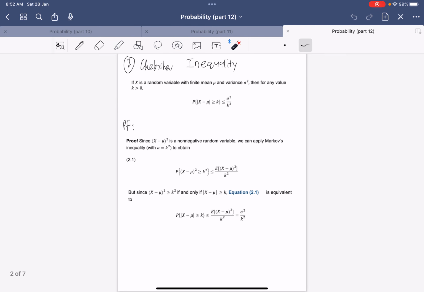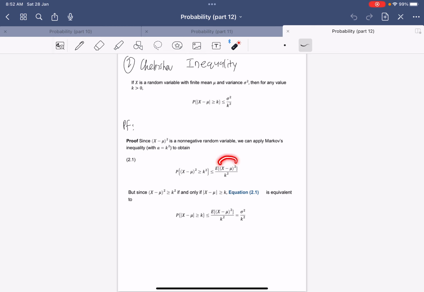That's because we can see that X minus mu squared is a non-negative random variable, and so we apply the Markov inequality over here to get the following result. But since this event is true if and only if this is true, we can replace the inside variable with the following.